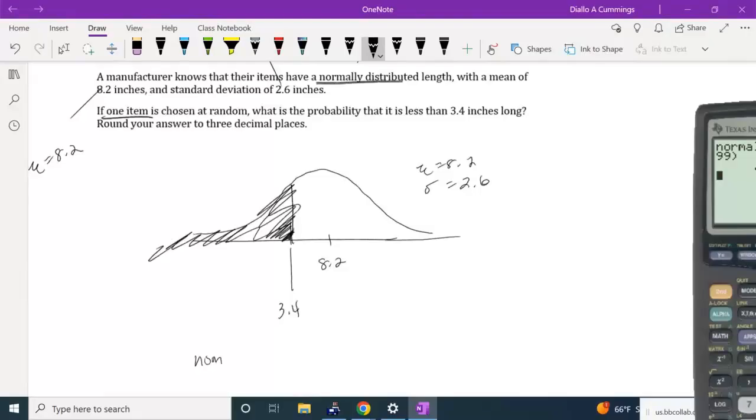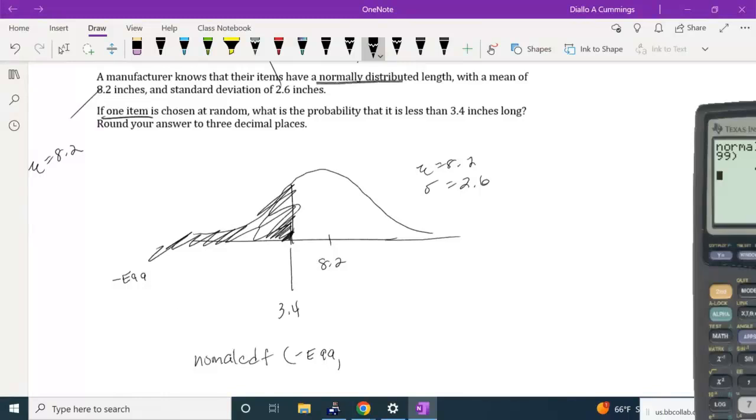So we're going to use the normal CDF function. We have to put in the lower limit. And the lower limit here is what? Should be negative infinity, right? Which is expressed as negative e to the 99th power.